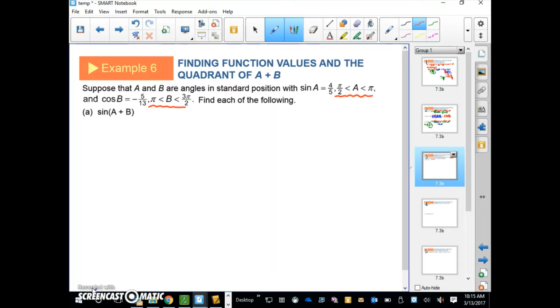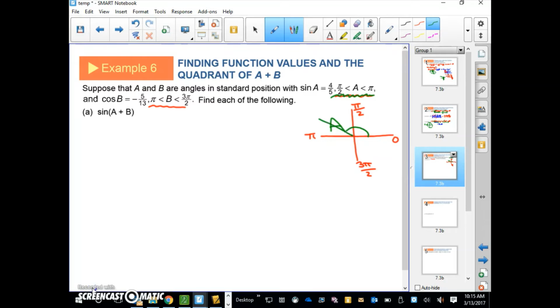If you think about your xy axis and your quadrants, we know the quadrantal angles in radians are 0, pi over 2, pi, and 3 pi over 2. And so when we're talking about pi over 2 is less than A is less than pi, basically what we're talking about is angle A is in between pi over 2 and pi somewhere.